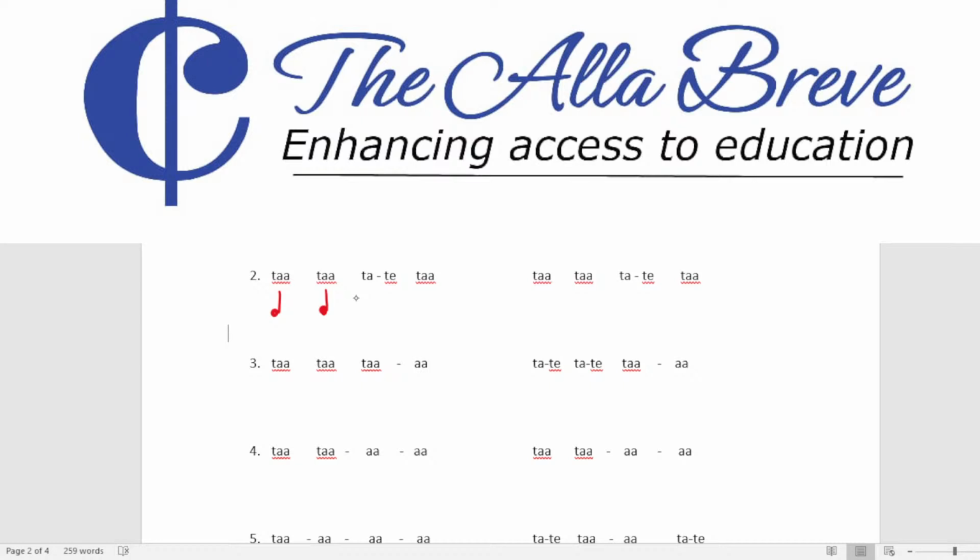Then we give this a symbol of a quaver note. Quaver rest, quaver note. Half plus half is equal to 1. So this takes the duration of 1 crochet when we finish up with a crochet.